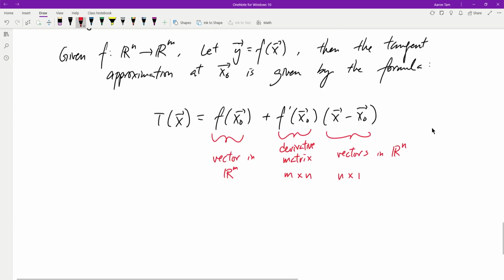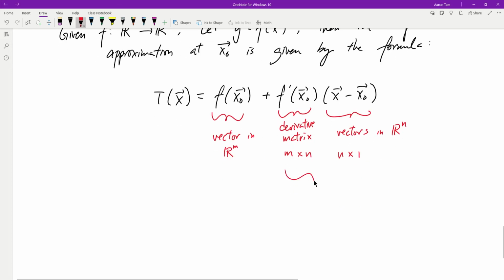And so now it makes sense, because now these two things combine together. Notice that the n and the n are the same. That allows me to multiply them together and form an m by 1 product. And so our vector in Rm, which is f of x sub 0, must also be an m by 1 vector for me to combine them together into an m by 1 sum.